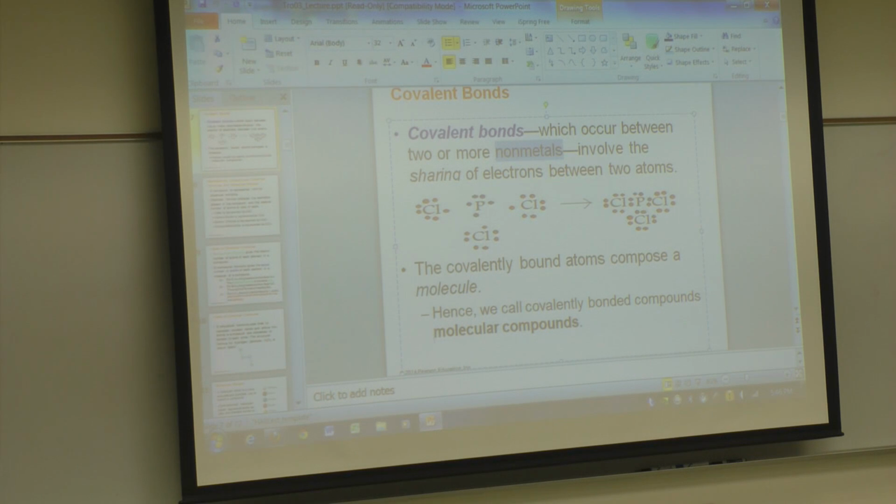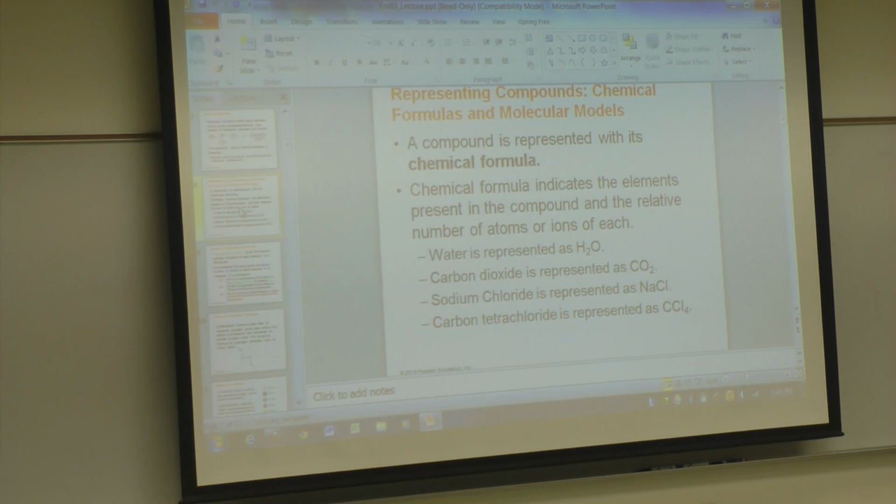And we tend to call them molecular compounds. And here we have phosphorus forming phosphorus chloride. So how do we represent compounds? Well, we represent them using chemical formulas, where it gives us a ratio of the number of atoms or ions present.